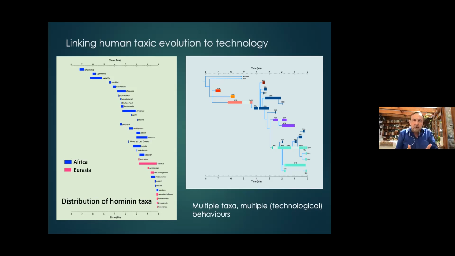But that also means that we can think how we can use that in order to make rather more of the technology. So the first point is that what is quite clear is that hominin evolution is made up of multiple taxa.